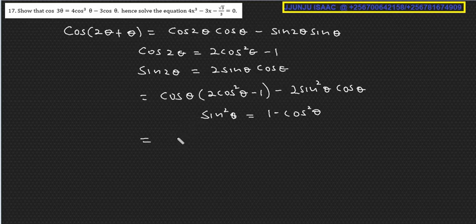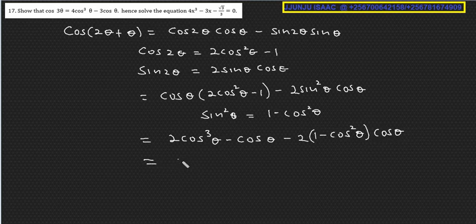This will give me 2 cos cubed theta minus cos theta, then minus 2, where I have a sin squared, I'm going to put 1 minus cos squared theta, then times cos theta.